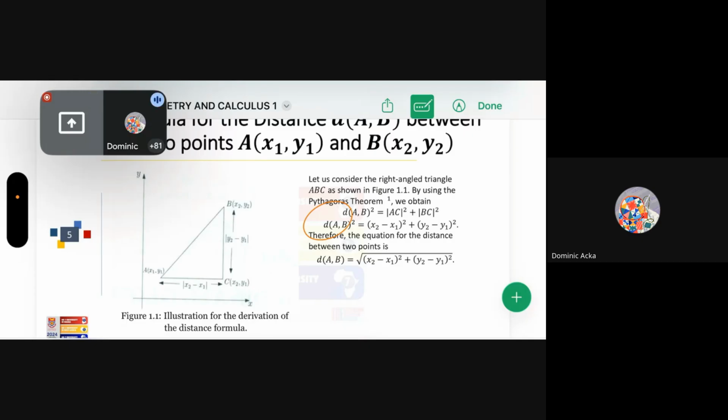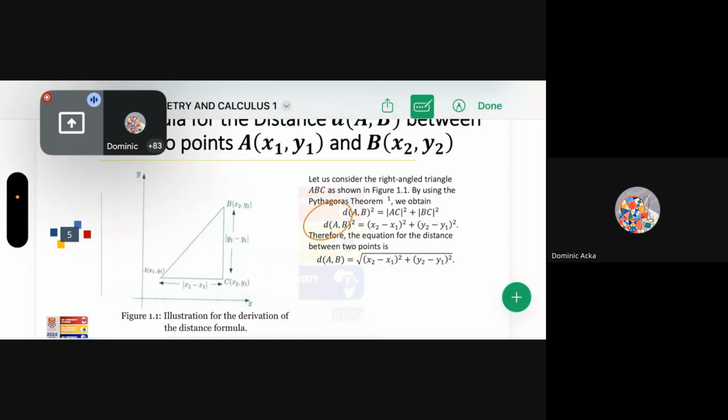I don't understand why we have x2, y1, x1, y1. What is x2, y1? The coordinates of A? The coordinates of A is x1, y1, and the coordinates of B is x2, y2.